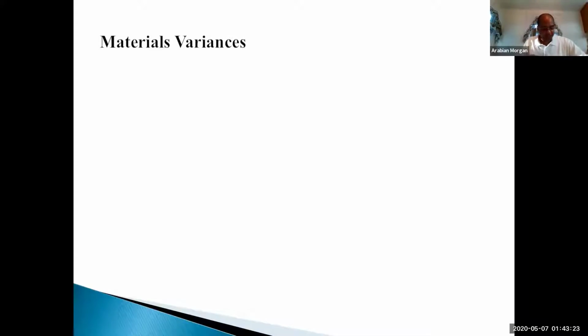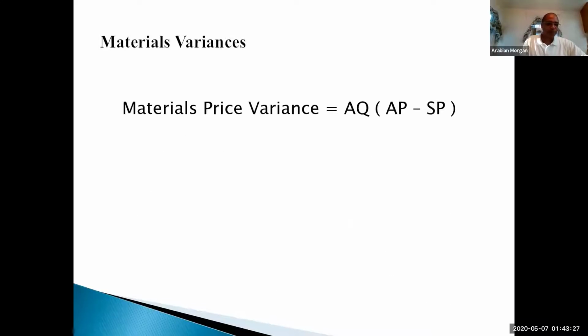All right, direct material variances. So that first set of variances there, I want to rewrite the materials price variance. I want that to become the actual quantity, and then in parentheses, actual price minus standard price, close parentheses. So write that in that first blank square there. Write that down.